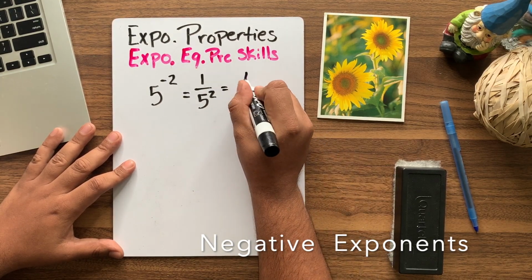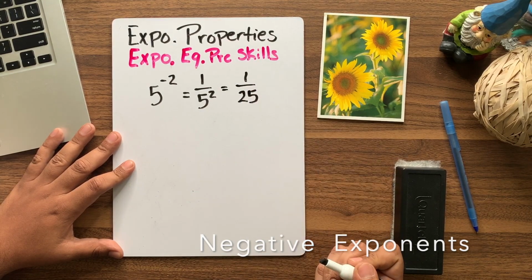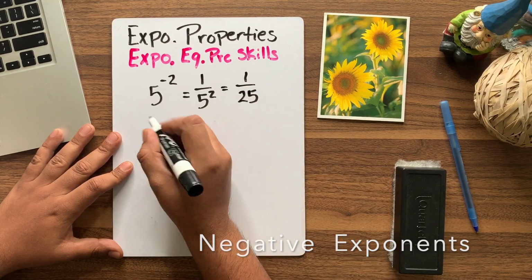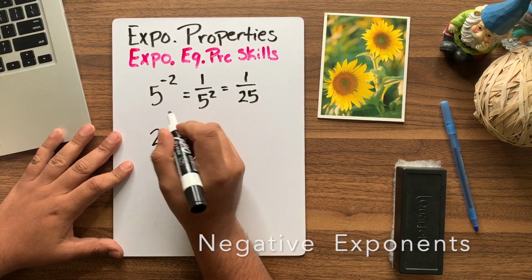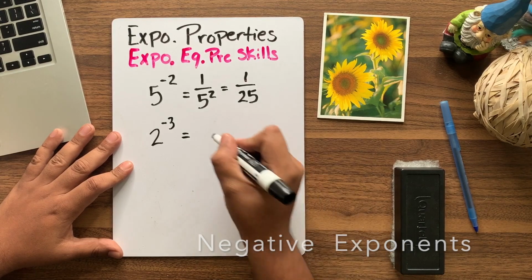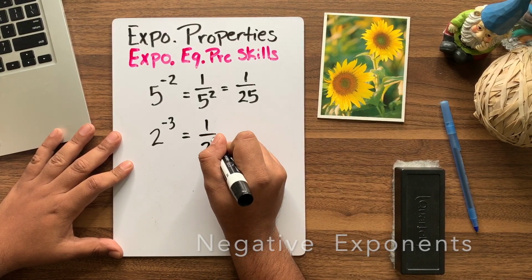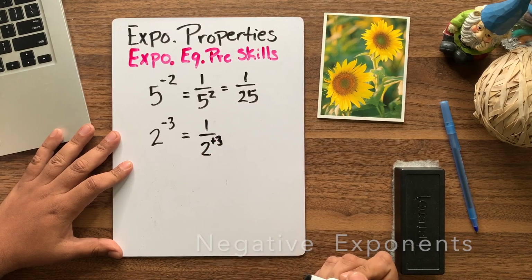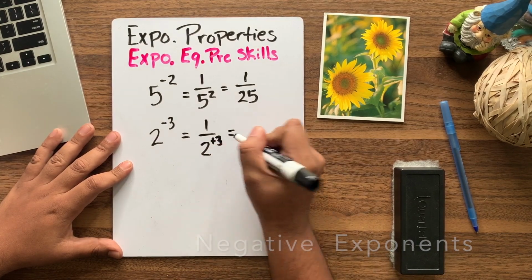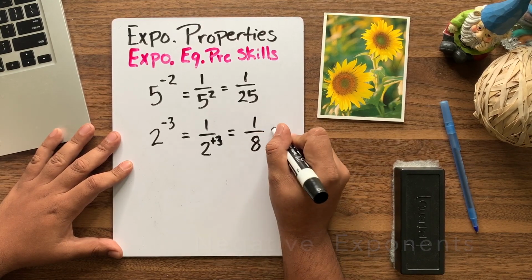Now I know that 5 squared is 25, that's 5 times 5. Okay, so what is 2 to the negative 3? Well, the negative tells me it's a fraction, so it's 1/2 to the power of, I'm sorry, positive 3. And I know that 2 times 2 times 2 is 8.